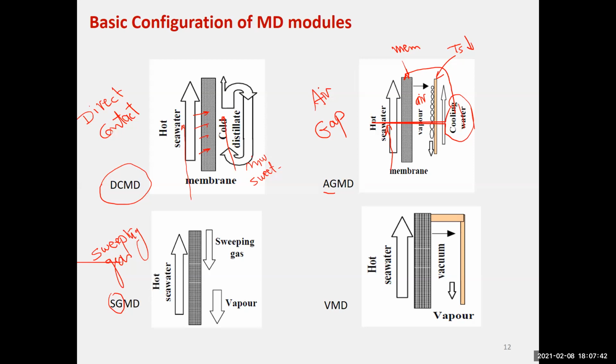Hot water passes through a surface of the membrane. So vapor will form, and the vapor is allowed to pass by the membrane pores, because we are talking about hydrophobic membranes, until it passes to the other side of the membrane, where you'll find that there is a gas rotating here in a closed cycle. The gas is taking the vapor from here to an external condenser. So the condensation and production of the distillate water here is occurring outside the unit.